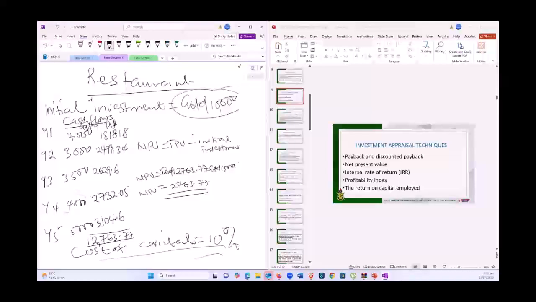If I'm able to do that without going through the formula for net present value, will I be marked down, or will I be given my mark? I'm saying that I realize that in the 4th year, we only need 340 cedis, 83 pesewas to add up to get our cost of capital, to get our initial investment.